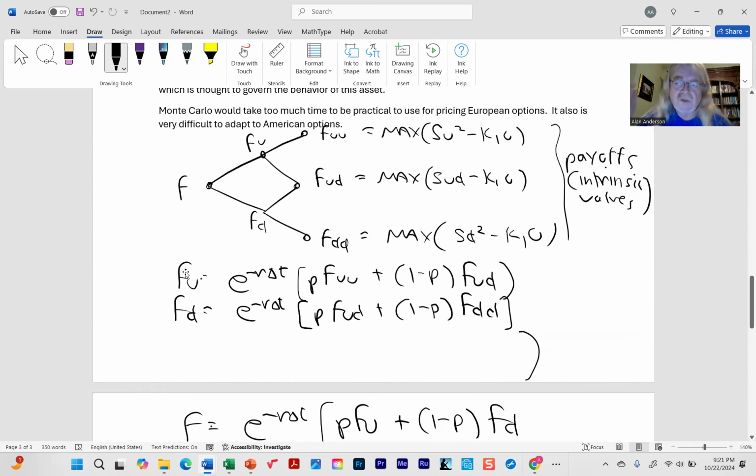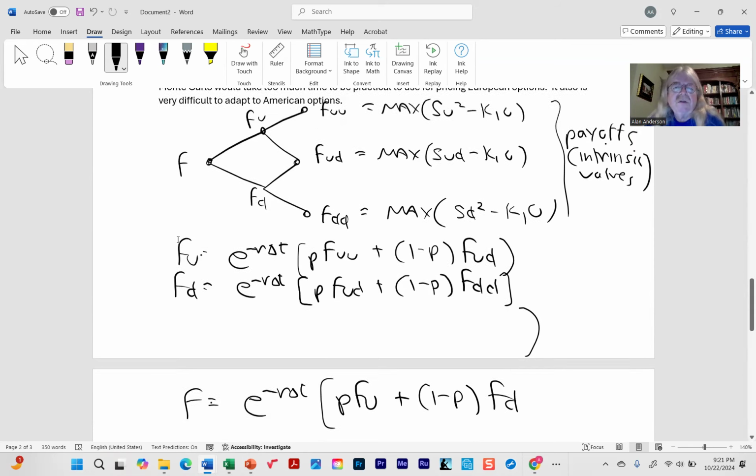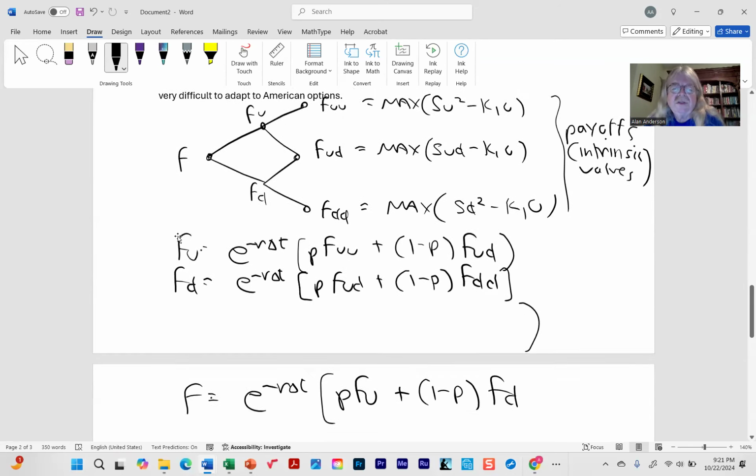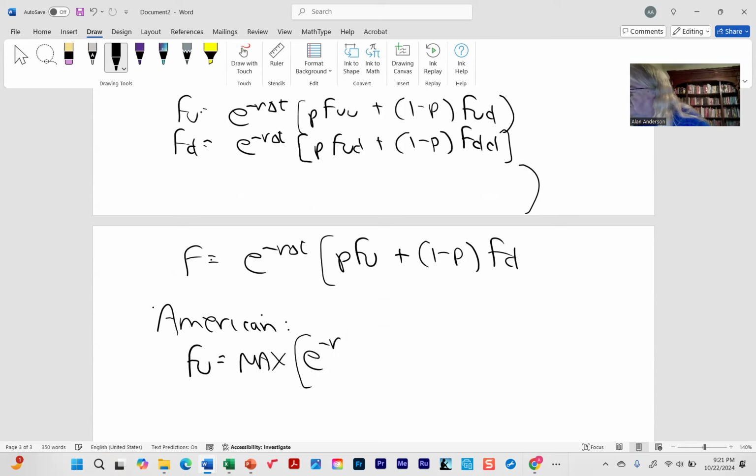But in other words, we're actually going out into the future and working our way back to the present. We can convert this into an American style option, because we're assuming that we're able to look ahead to see if it makes sense to exercise the option early. So in other words, these are the European prices. With the American prices, FU is the max of this expression.